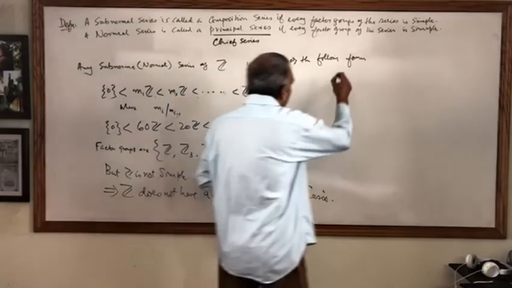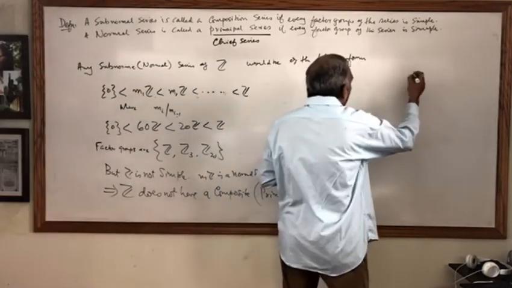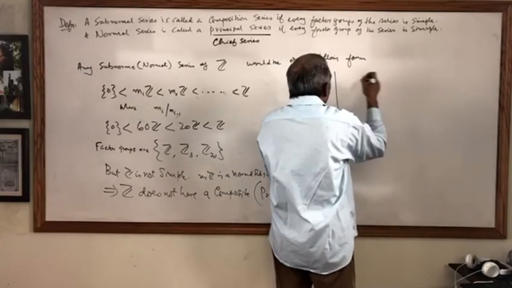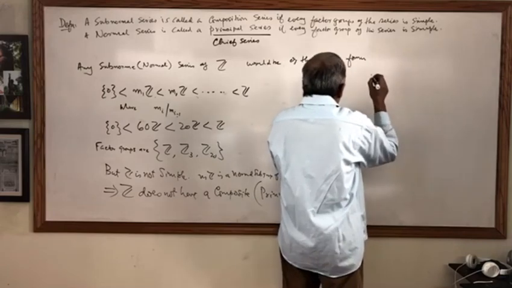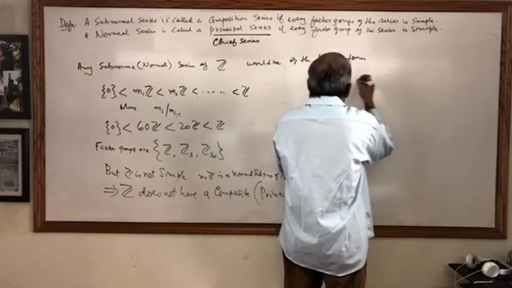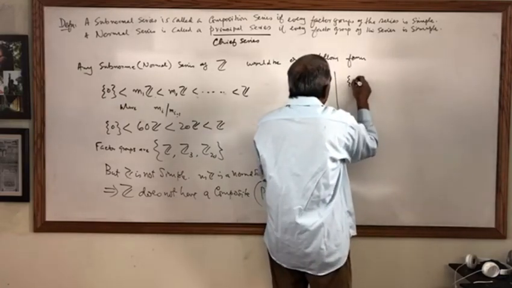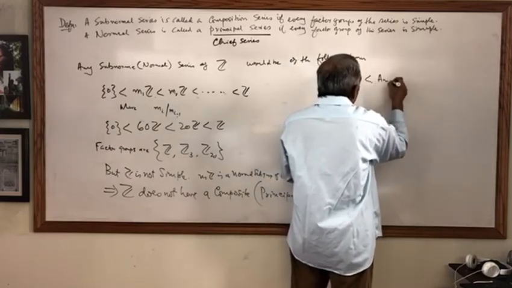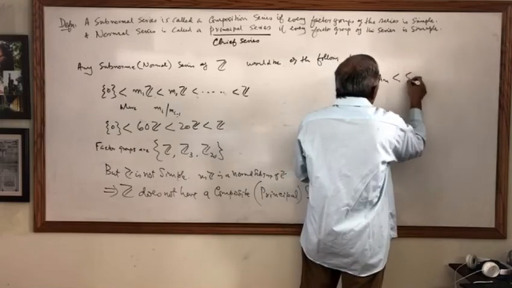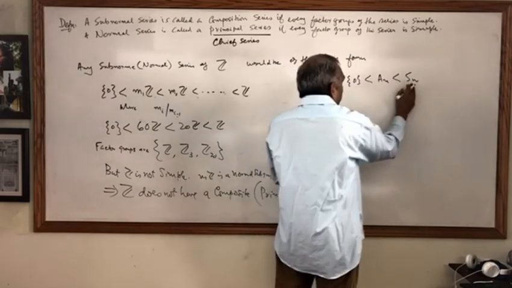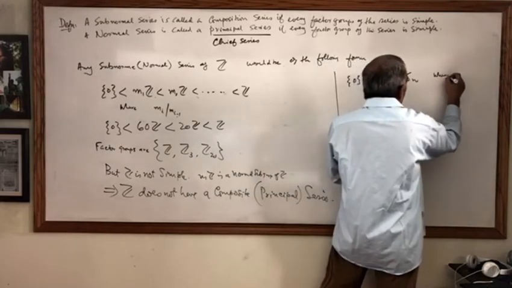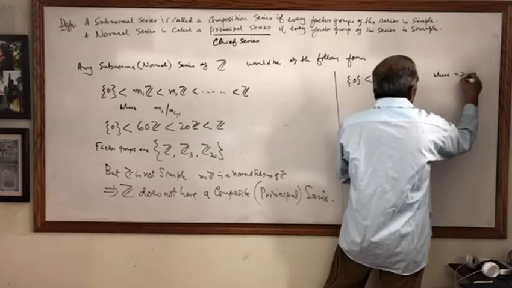But whereas if you take the series for 0, An, Sn, this is a symmetric group of order n where n is greater than or equal to 5.